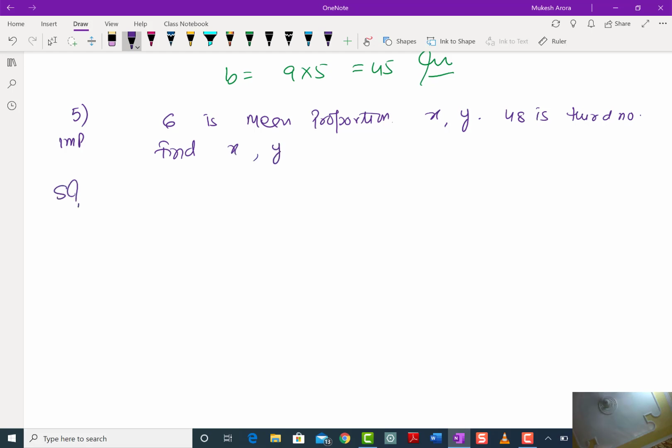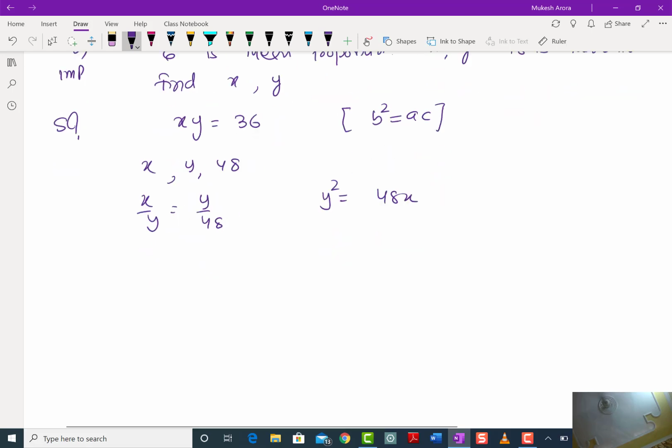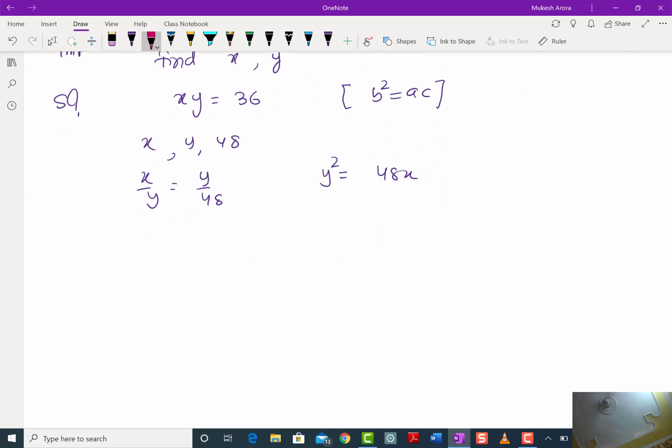If 6 is the mean proportion, that means xy is equal to 36, because b square is equal to ac, and x, y and 48. X by y is equal to y by 48, y square is equal to 48x. Now we can find the value from here.